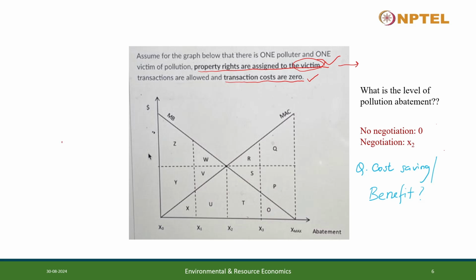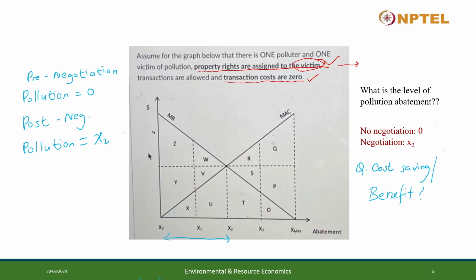In this case, when the property right is with the victim, initially the pollution is zero, right? Pollution is equal to zero for the pre-negotiation case. Okay. Now post-negotiation, pollution is equal to x2. Till x2 there will be pollution, right?